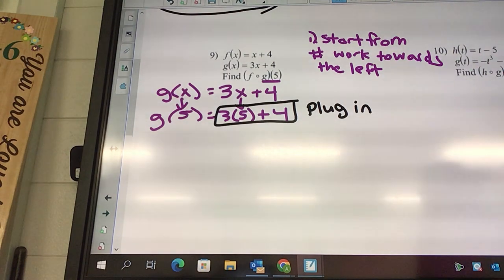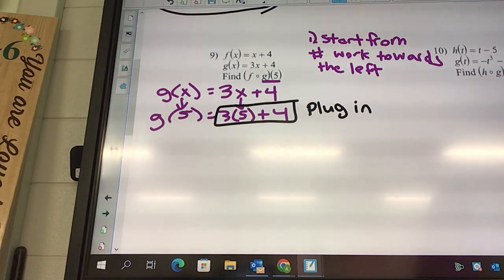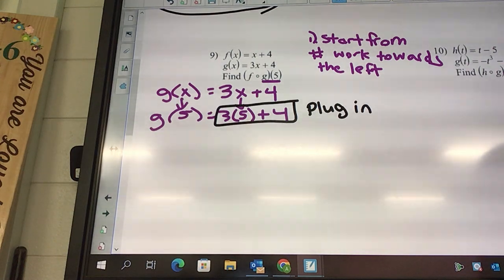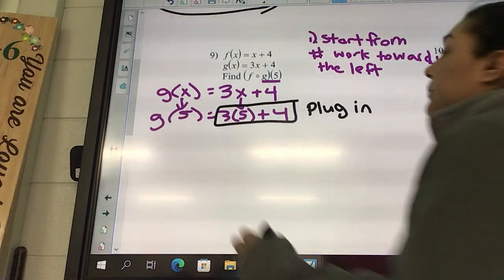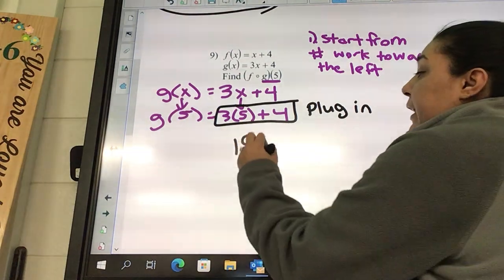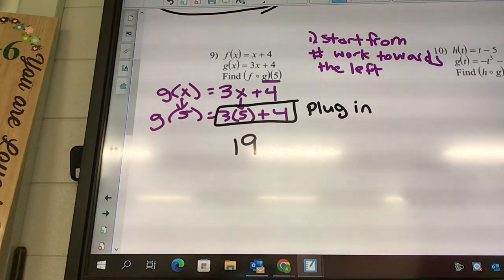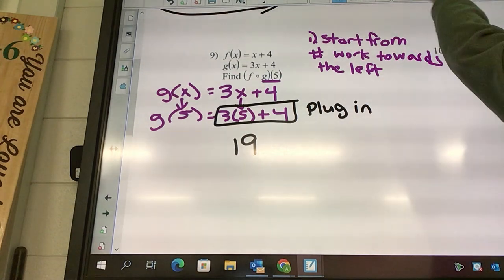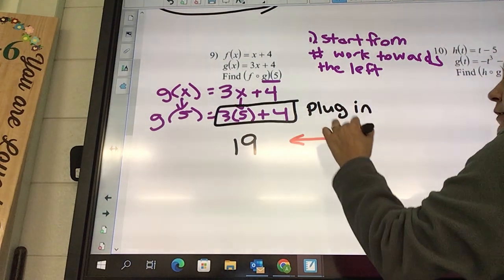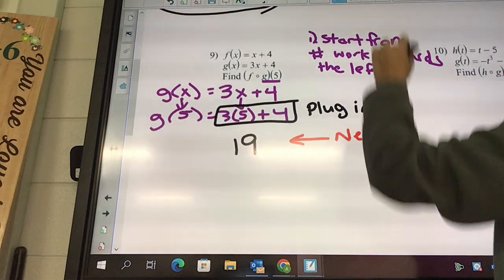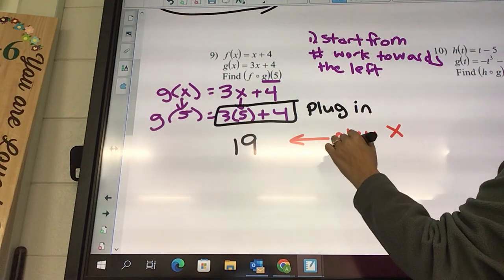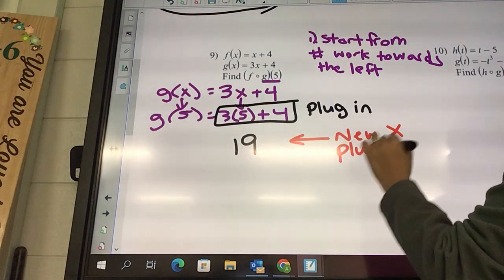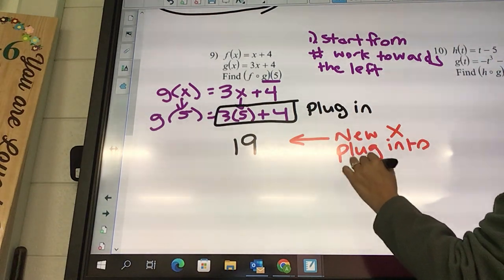Okay, and then we plug this in on a calculator. So 3 times 5 plus 4. What is 3 times 5? 15 plus 4 is going to be 19. So we're getting 19. Now this is our new x, and we're going to plug it into the other one.